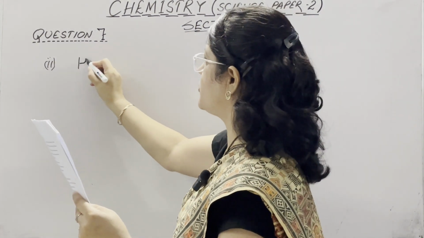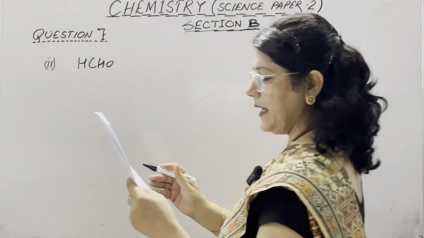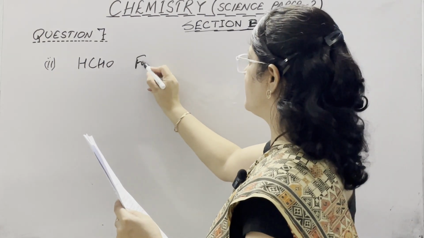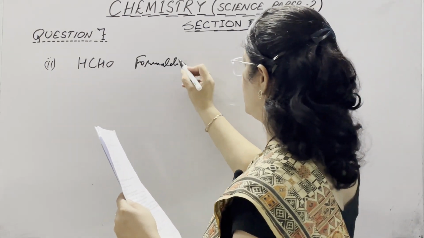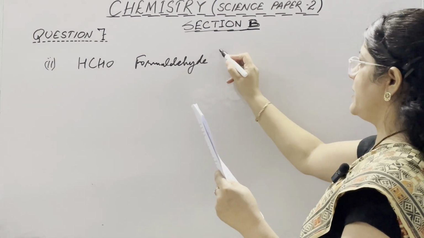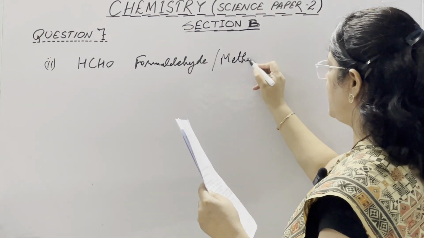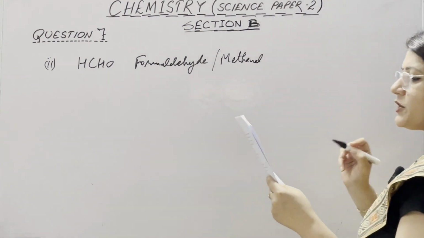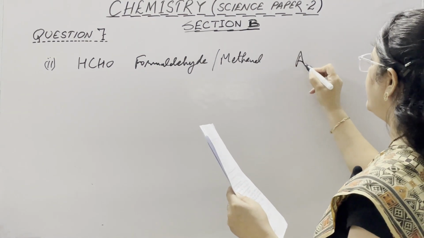In the second part, identify the functional group in the following organic compounds. First is HCHO. HCHO is formaldehyde, or you can say methanol. It means which group is present here? Aldehyde.